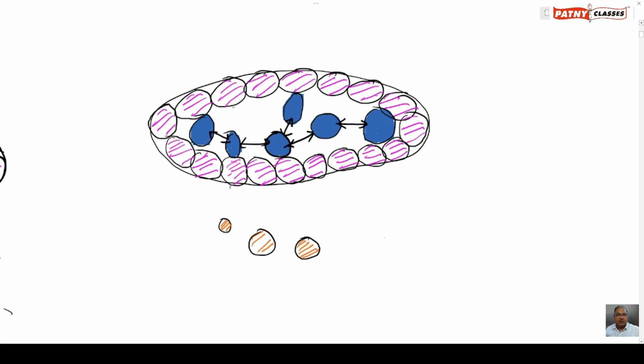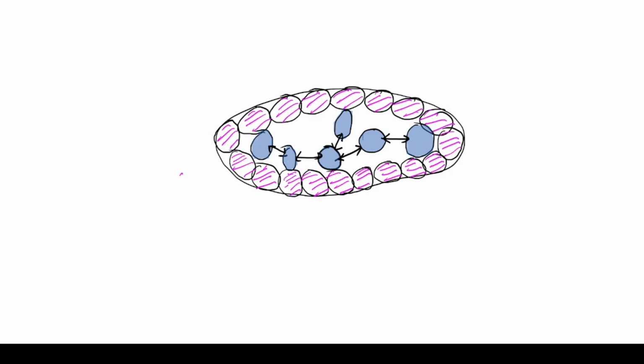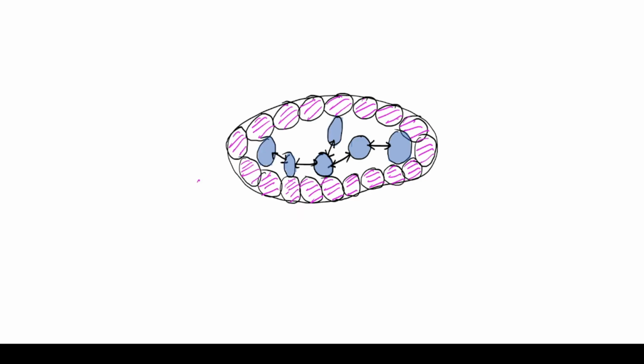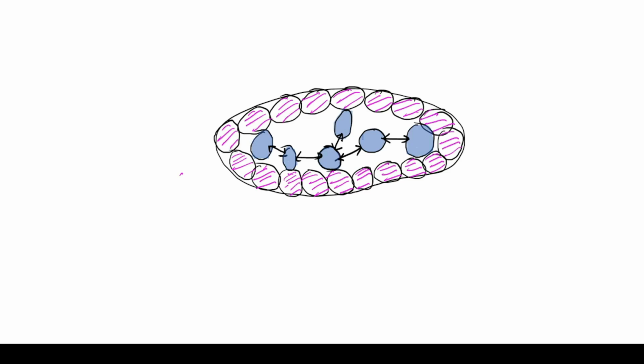And when they are attracting each other, what will happen? The surface film will shrink. It will try to become small, to become small in size.